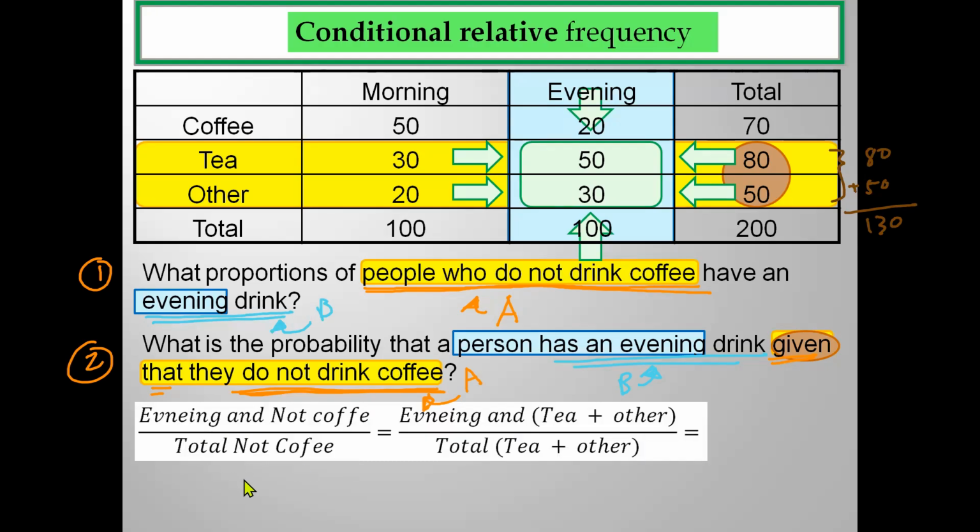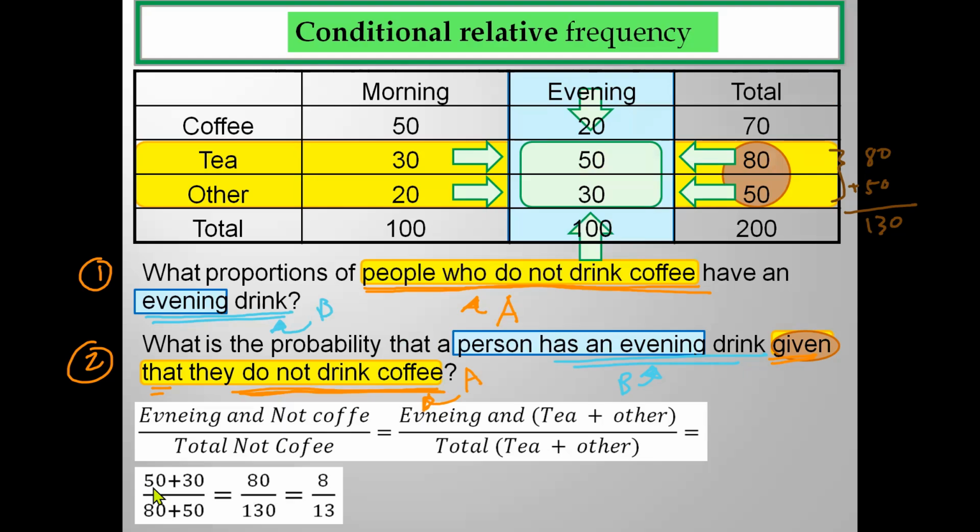So we have the following statement: evening and not coffee divided by total not coffee will equal the evening and the number of tea and others divided by the total tea and others.